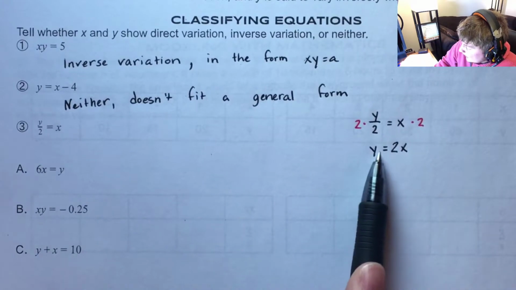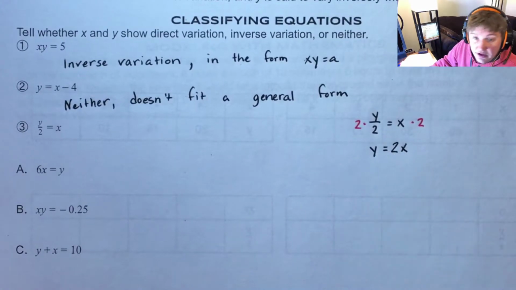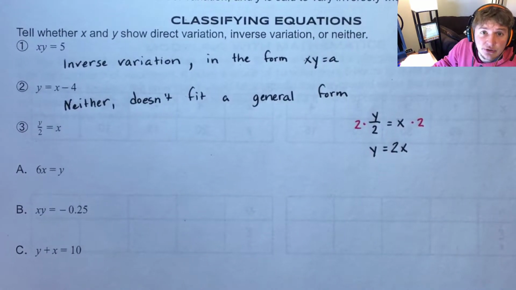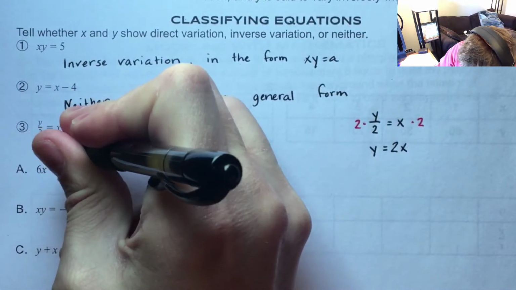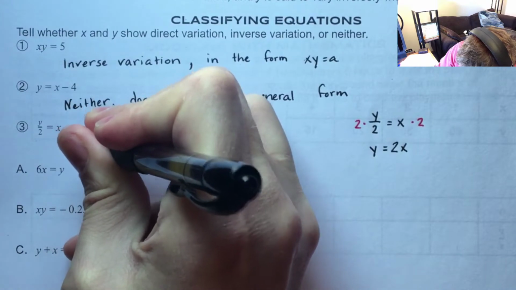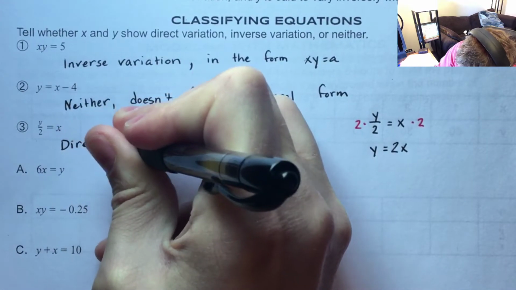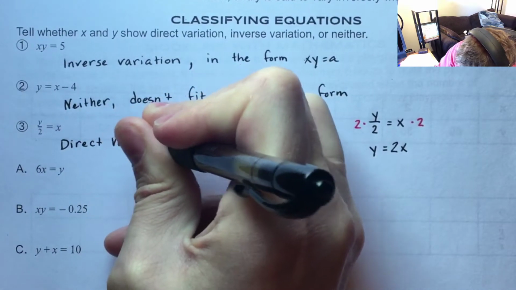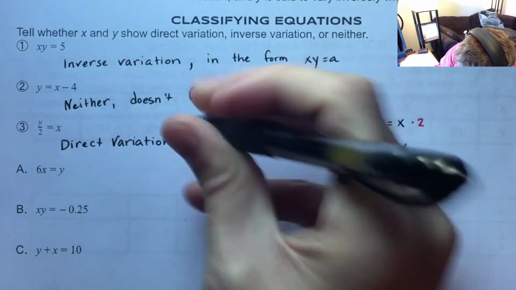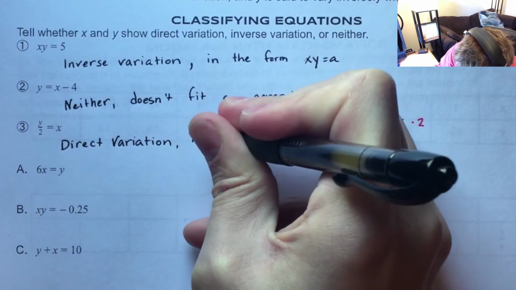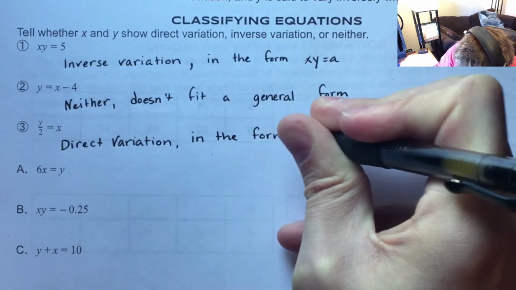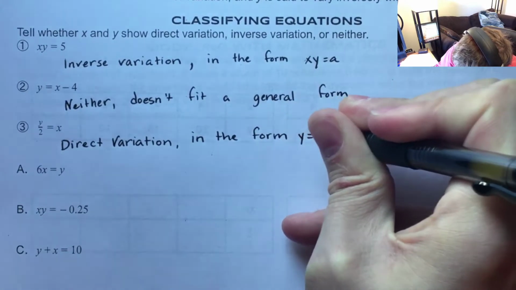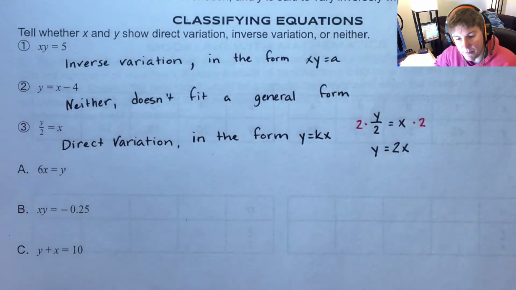It's in the form y is equal to k times x, where k would be equal to the number 2. So this is going to be a direct variation, and in the form y equals k times x is my reason why.